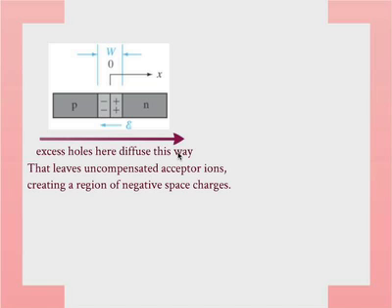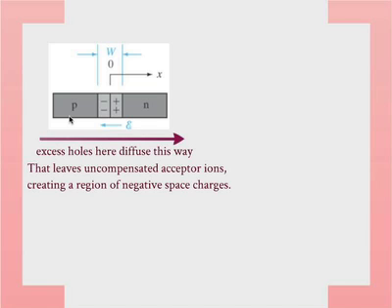Excess holes here diffuse this way. That leaves uncompensated acceptor ions, creating a negative space charge. Remember what that means. In the p-type, there are acceptors which have accepted the electron, and there are holes floating around. If the hole is around and an acceptor is there, remember the acceptor has taken an electron, it has become a negative ion.